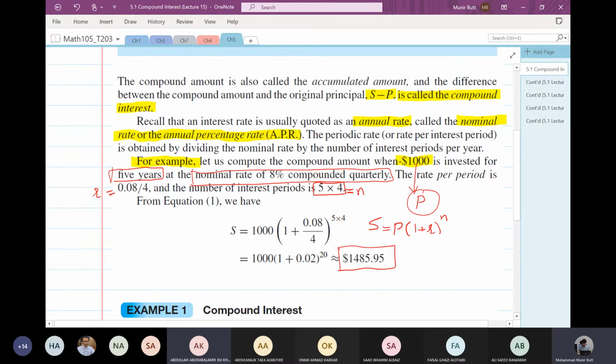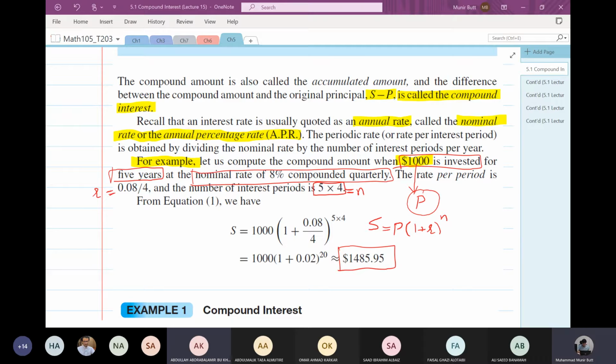Doctor, is the purpose of this formula to calculate the interest or the profit that you have invested in the beginning of the quarter or the year?